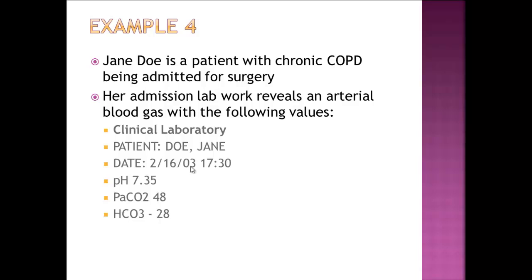Because we're considering 7.35 to 7.45 to be normal pH, even though it is low. Her PaCO2 is elevated, 48, and the HCO3 seems to be a little elevated also. So this appears to be a fully compensated state.